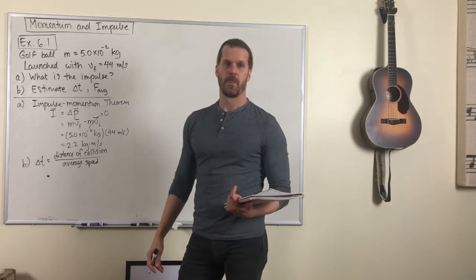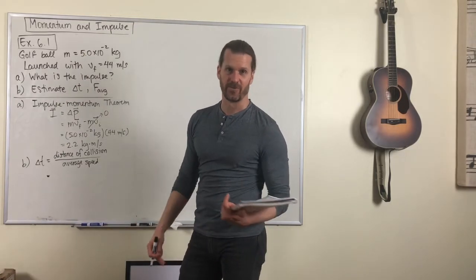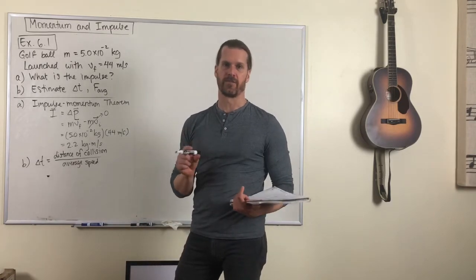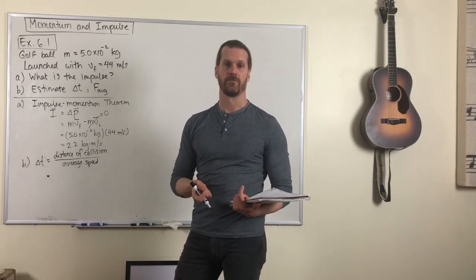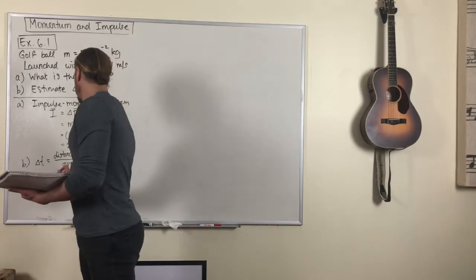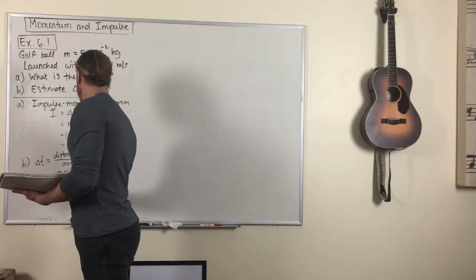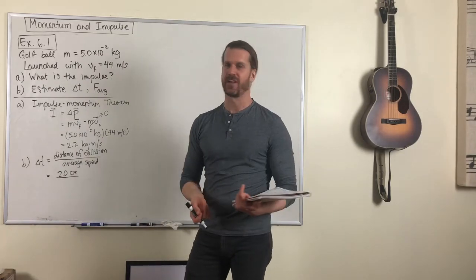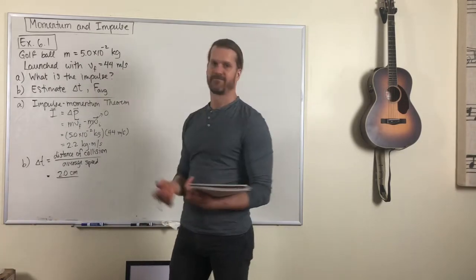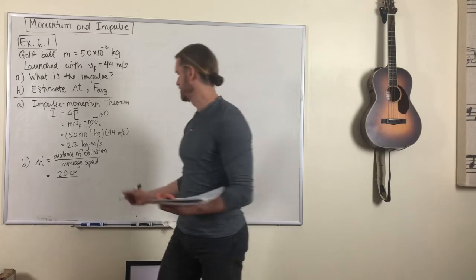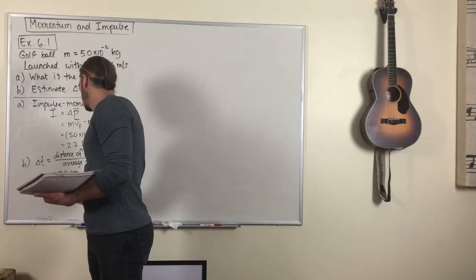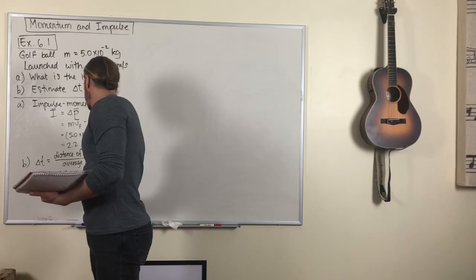And they kind of invent some values to put in here. They say the distance of the collision is about the length or the diameter of the golf ball, which is 2 centimeters. And the average speed during that collision is half of the final speed. It's a reasonable assumption. So half of 44, 22 meters per second.